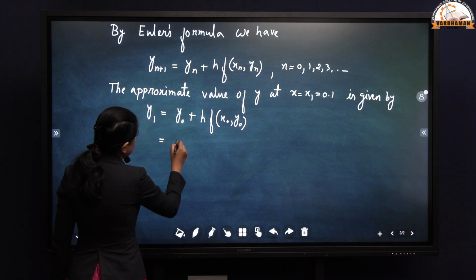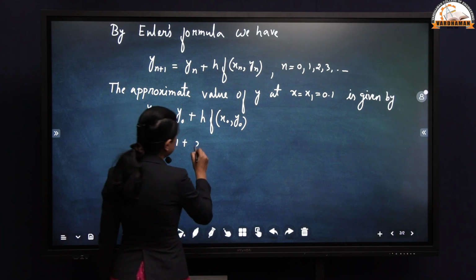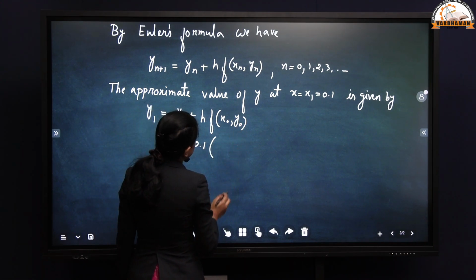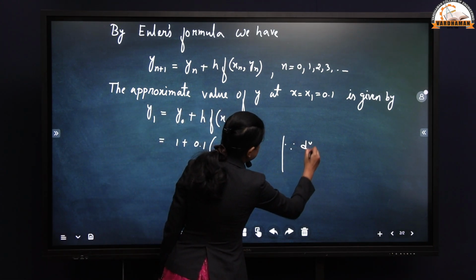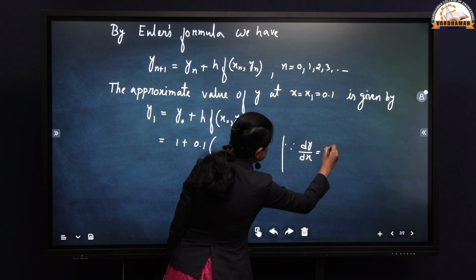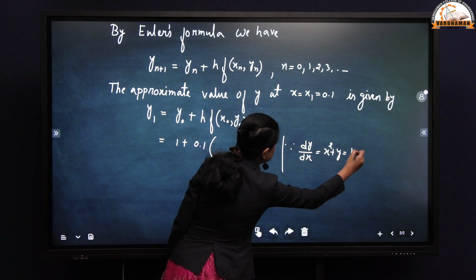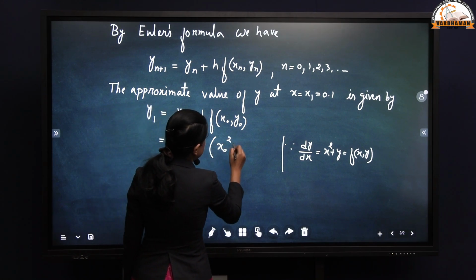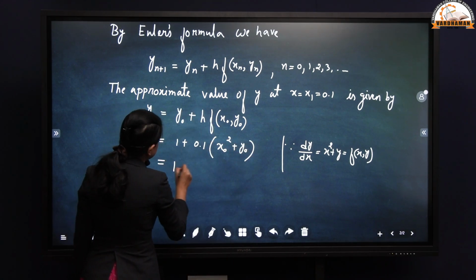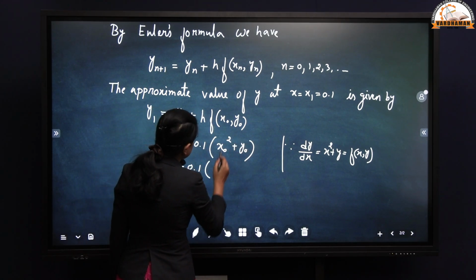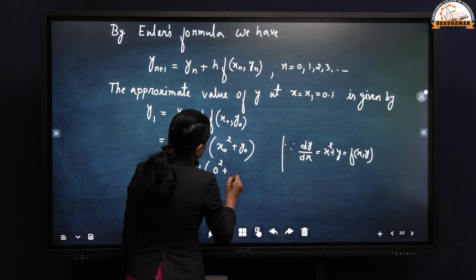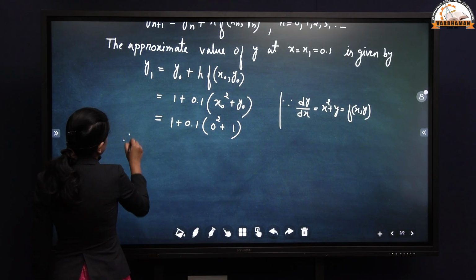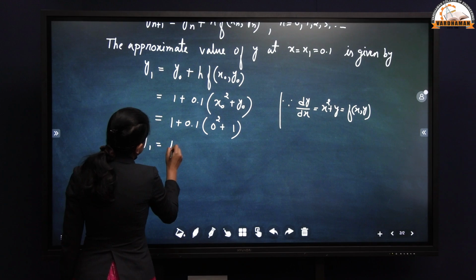Y naught is 1 plus h is 0.1 into f of x naught comma y naught. Since dy by dx is equal to x square plus y, which is f of x y, we can write it as x naught square plus y naught. We get 1 plus 0.1 into x naught, which is 0 square, plus y naught, which is 1. Therefore, y1 is equal to 1.1.